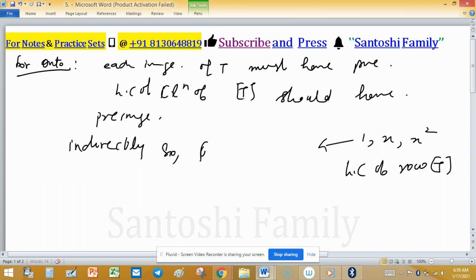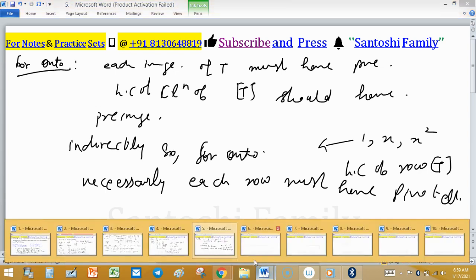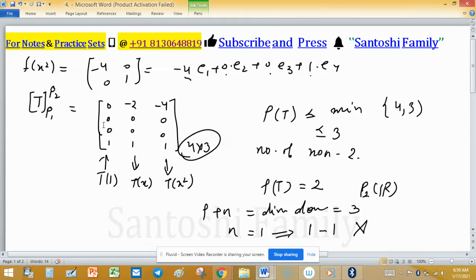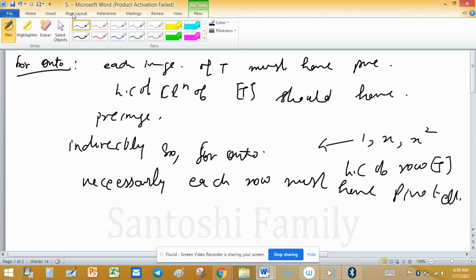So for onto, it is necessary that each row must have a pivot element, and in the previous slide you can see only two rows have pivot elements, so this linear transformation is not onto.